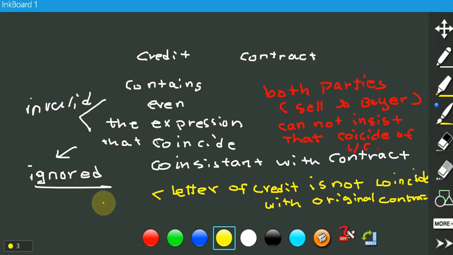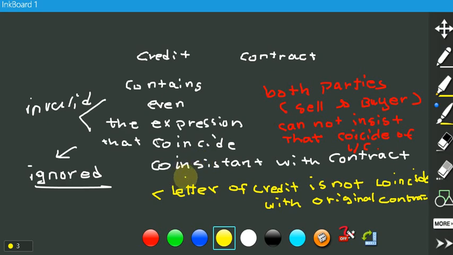This will be by arbitration or by lawsuit separately. And then the process of the letter of credit will continue regardless of this issue, right? So we have to know that one.